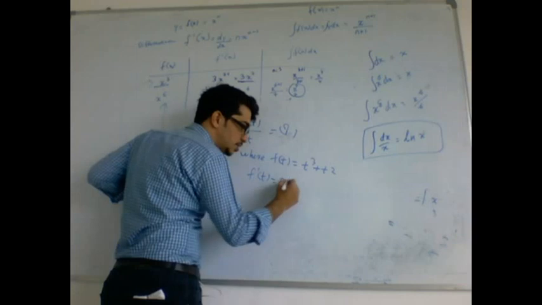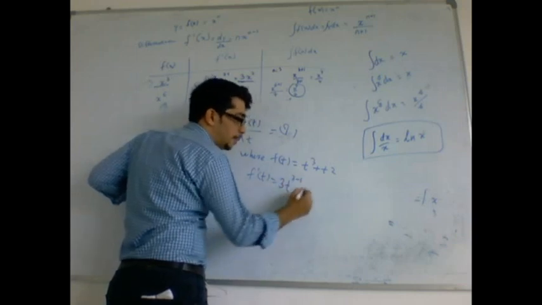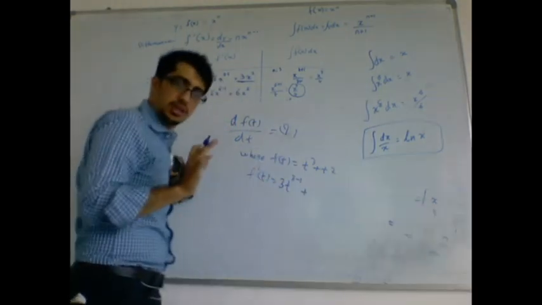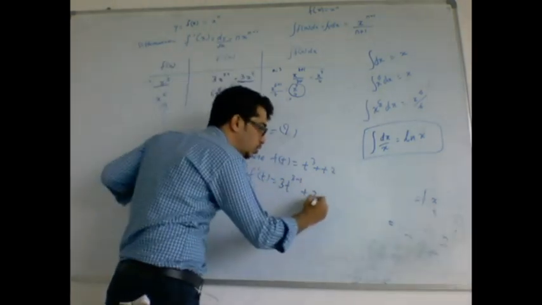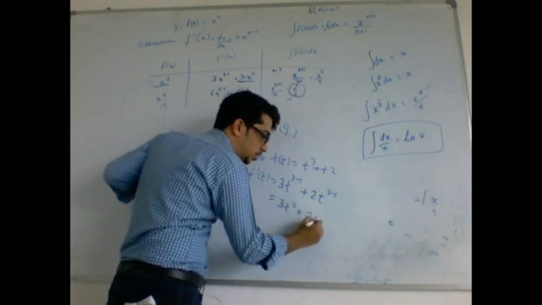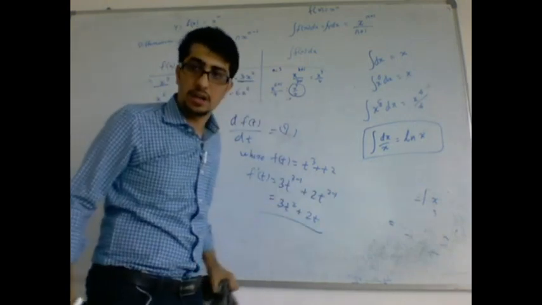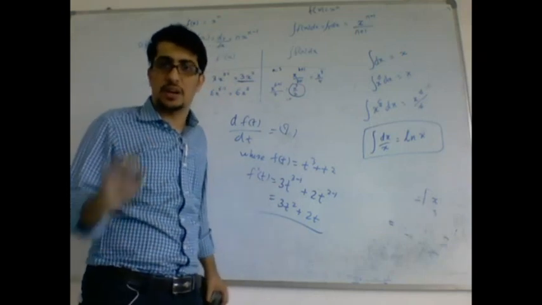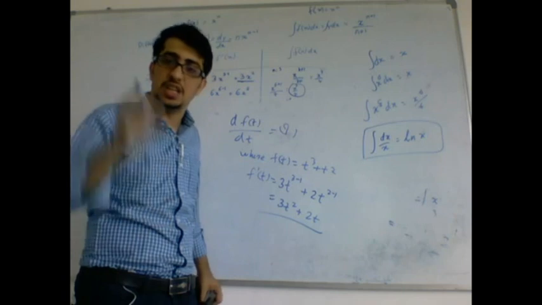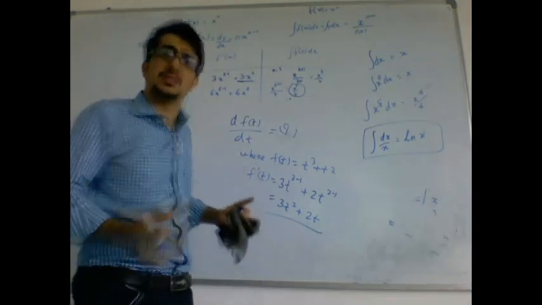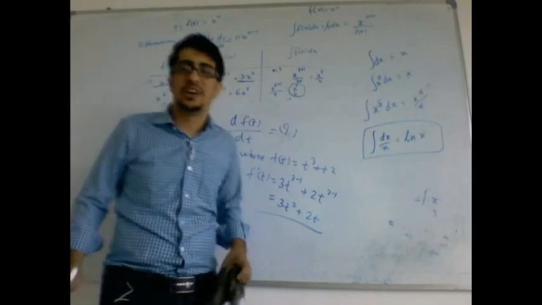So 3 t power 3 minus 1, plus we differentiate separately, 2 t power 2 minus 1. So 3t square plus 2t. Any variable is possible, not only x. In physics, t will be the most important variable, but x, y are also possible. In mathematics, generally you will go for the variable x. Okay, thank you.